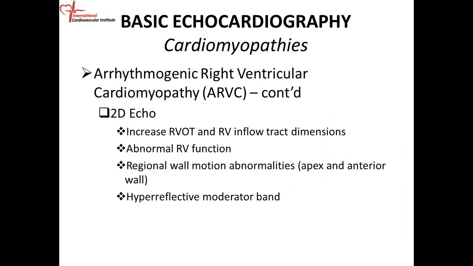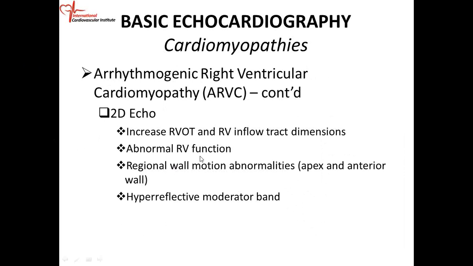So you're going to have dilatation of the RV, and any evaluation of RV function, such as TAPSE, is going to be reduced. Okay, so you get an increase in your right ventricular outflow tract dimension. So that's dilatation of the RV, the right ventricle is going to be dilated.